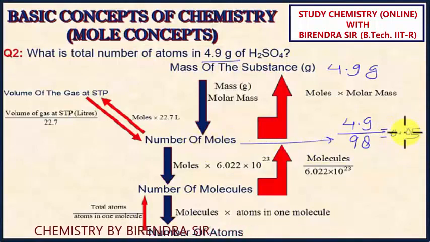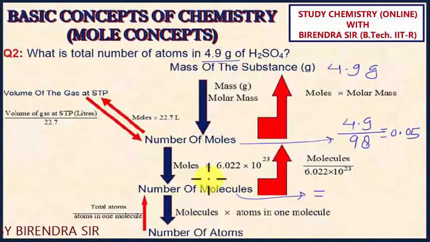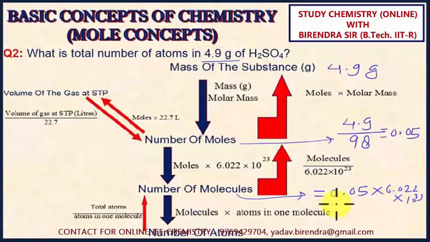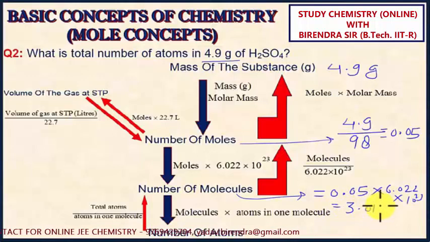Once you get the number of moles, with the help of it you can get the number of molecules. Moles into Avogadro number. So 0.05 into 6.022 into 10 raised to 23, and the value will come as 3.011 into 10 raised to 22.